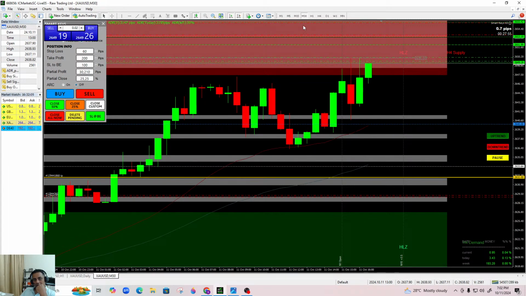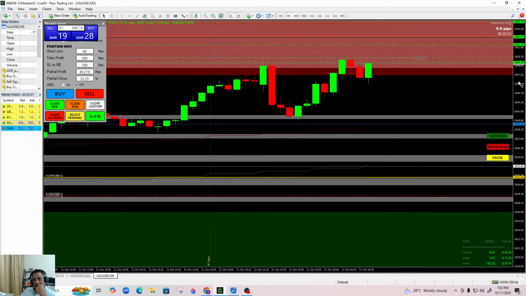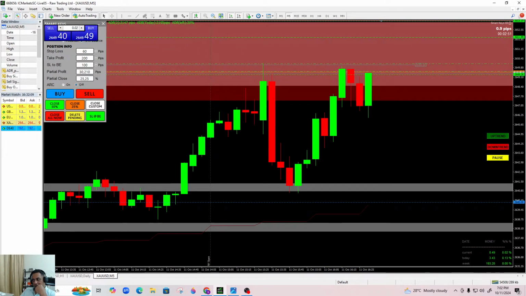Okay, so I'm going to again manage risk on this trade. I want to see a 5-minute candle close above here. I'm going to close probably both positions.